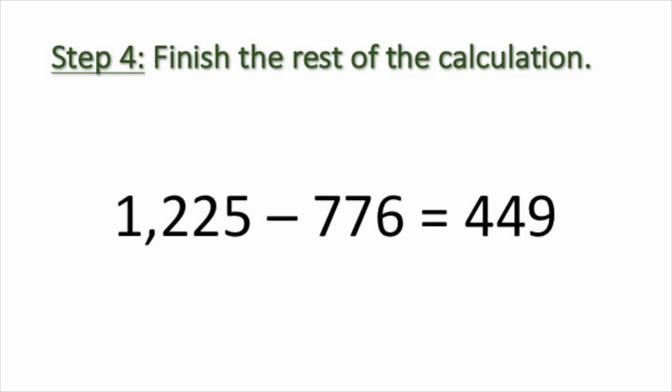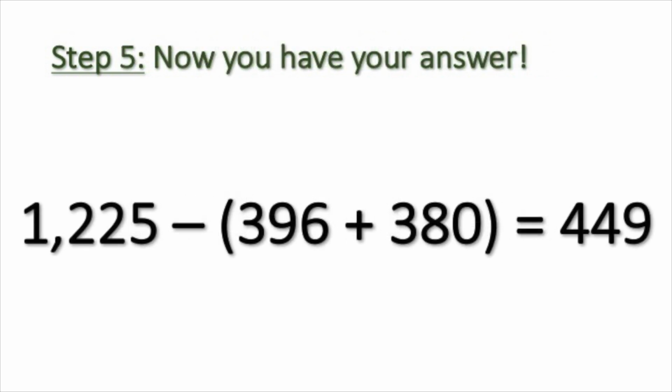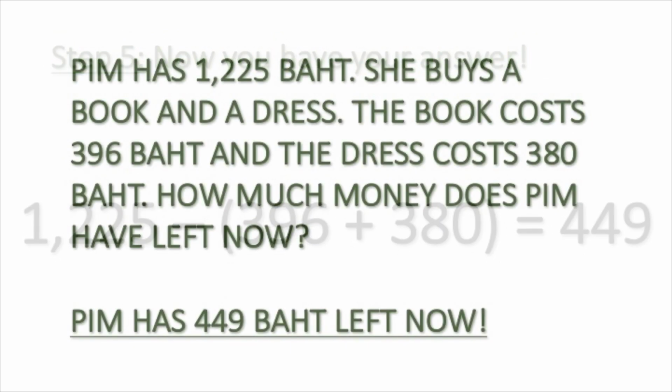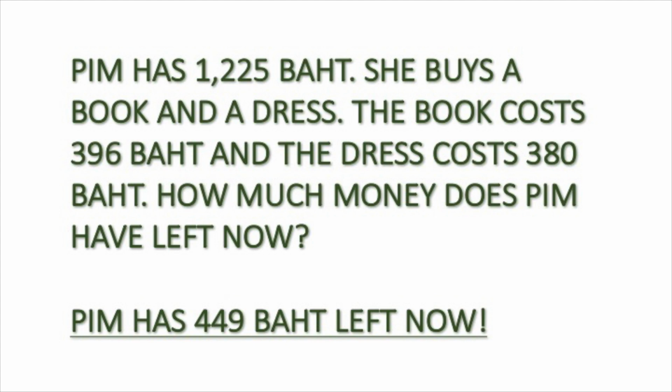So, when we think back to our word problem, we can say 1,225 minus 396 plus 380 equals 449. So guys, how much money does Pim have left now? Pim has 449 baht left now. That was brilliant, guys. Well done.